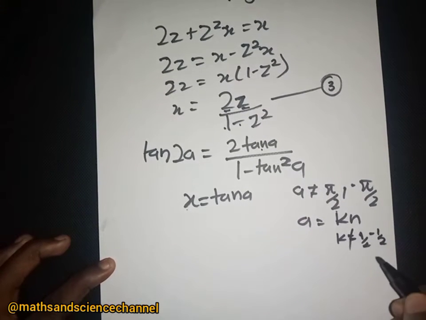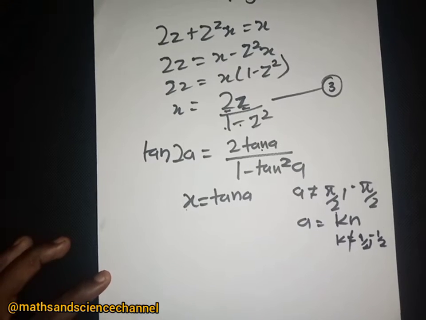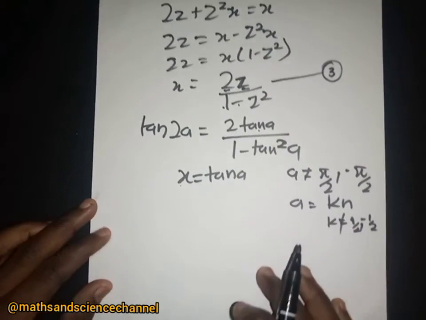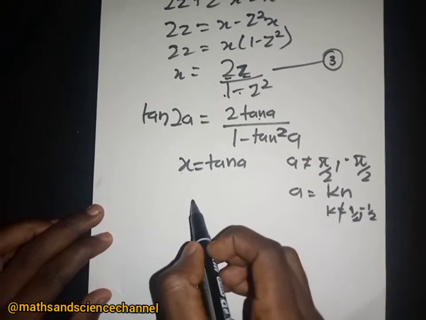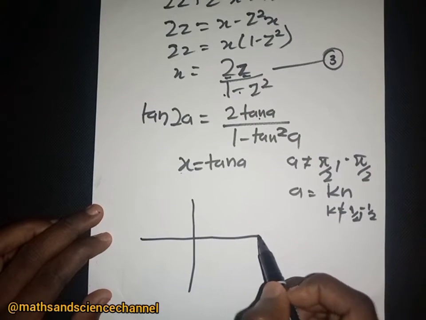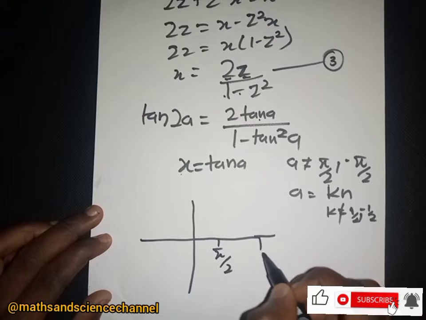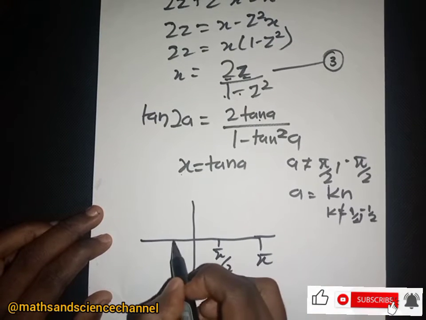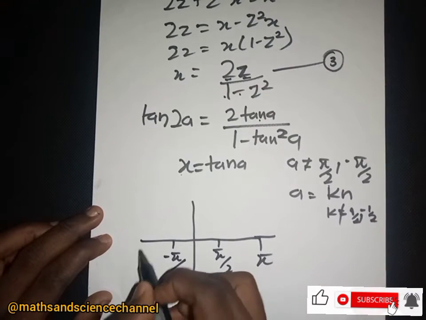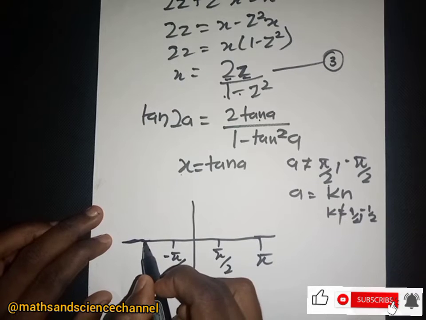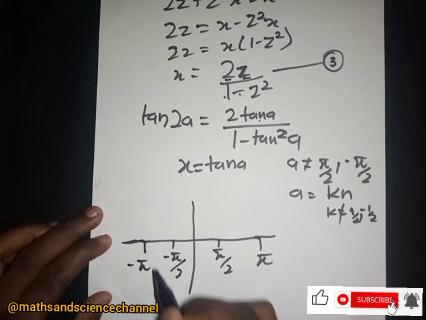So k shouldn't be equal to half and negative half. Now the question is, why am I saying that? When we have the tan graph, we have half over 2, and let's say we have half here, and negative half over 2, and negative half here.